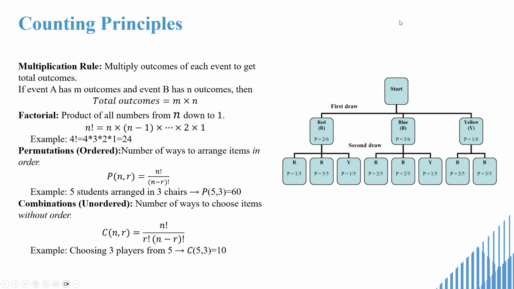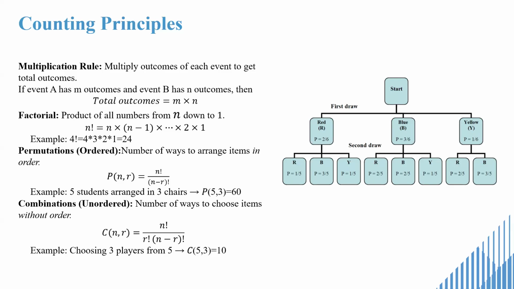That's perfect. Okay. So I said the multiplication rule is multiplying the outcomes of each event to get total outcomes. If event A has m outcomes and event B has n outcomes, then the total outcomes is equal to m times n. As I gave you the example, in how many ways can you wear three shirts and two pants?